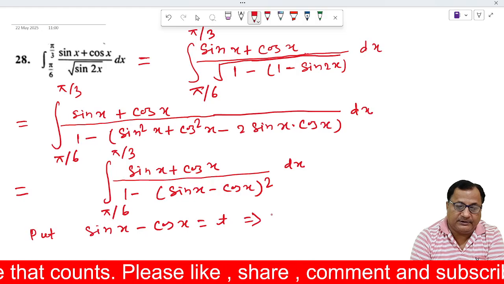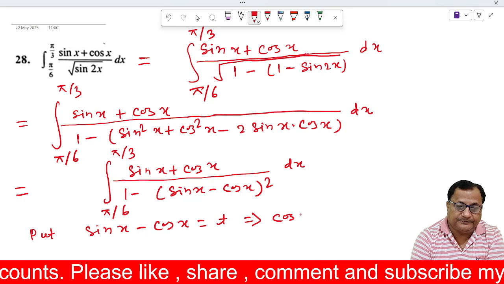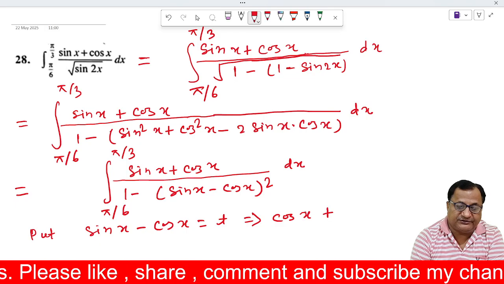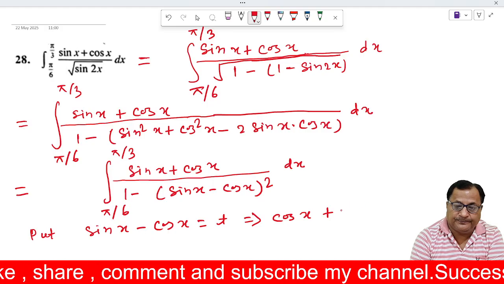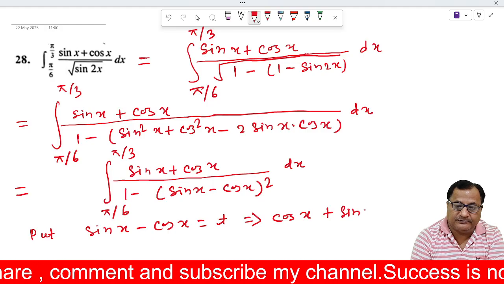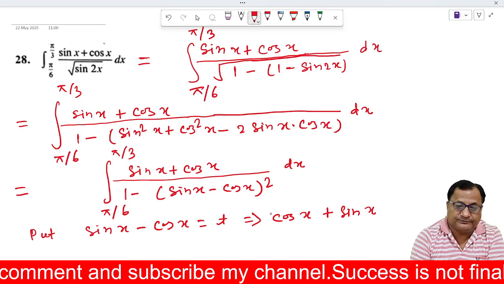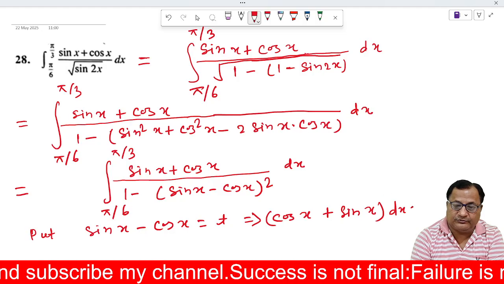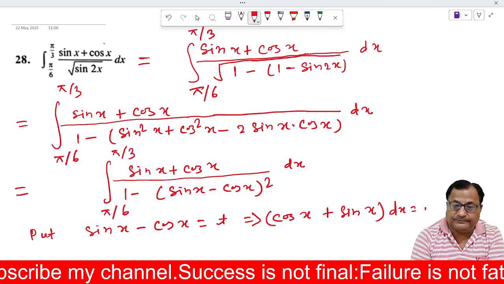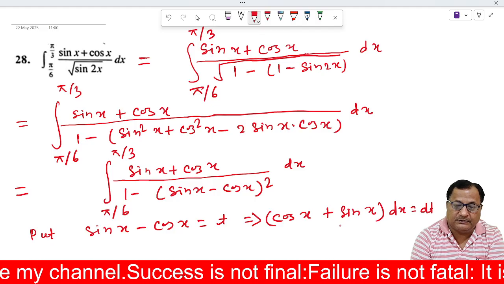So this will be cos x plus, differentiation of minus cos x is minus minus sin x, plus sin x, dx is equal to dt.